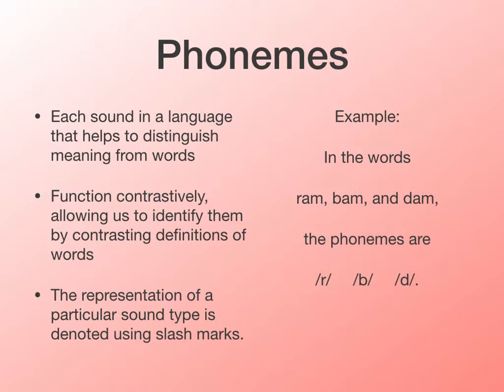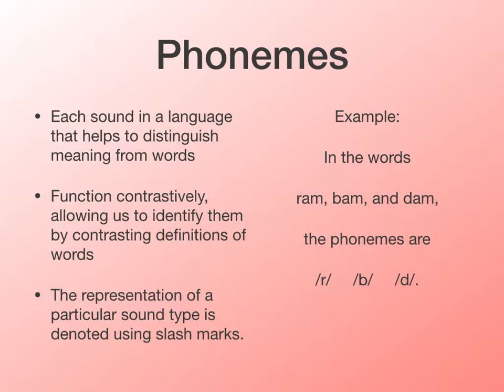Next we have phonemes, which are the distinct speech sounds in a language that help us to distinguish the meaning of words. By nature, phonemes function contrastively. So by looking at our example, we can see the words ram, bam, and dam. And we know that those three words have varying definitions.